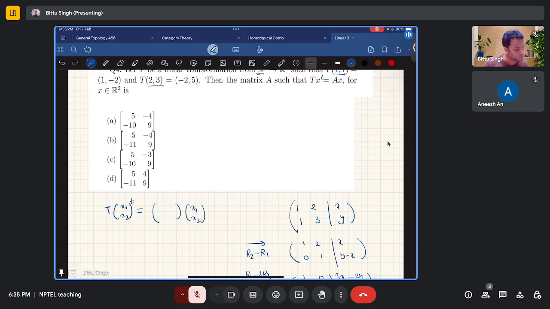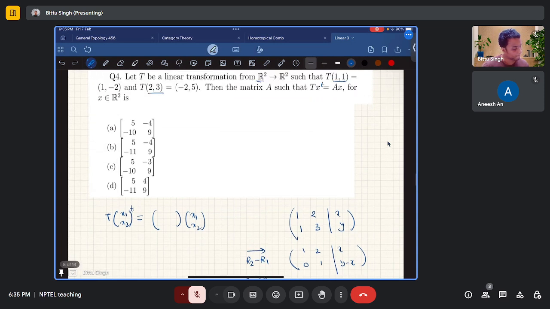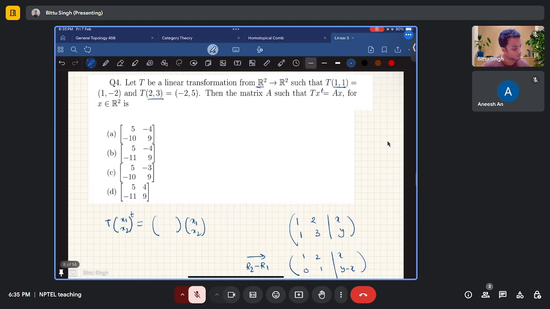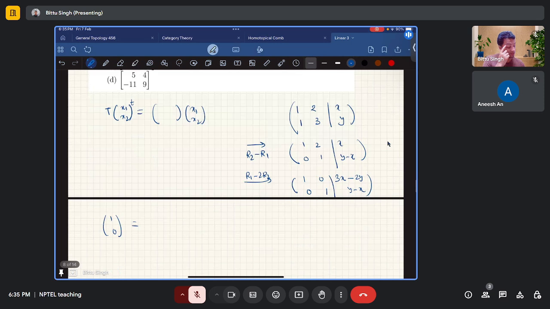T of (x, y) is the same as (y, x). So okay, let me solve in this way. (1, 0) can be written as a linear combination of this form.